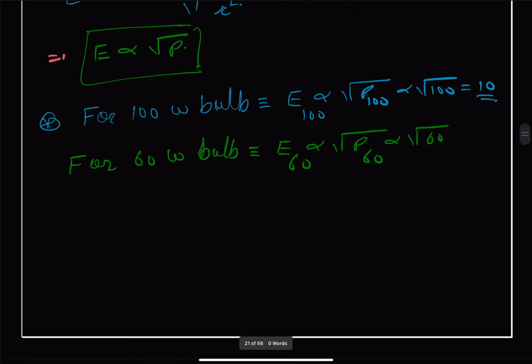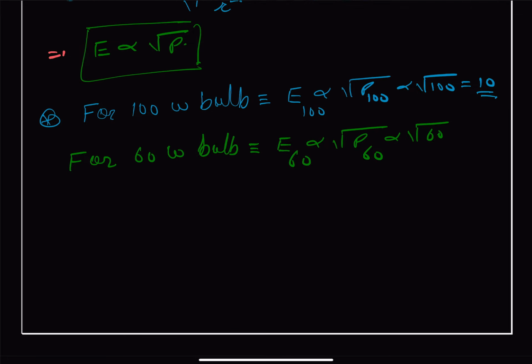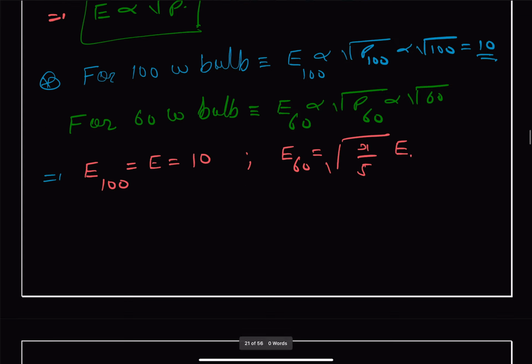Okay, so let me rewrite it again. I'm given that E100 is nothing but equal to E, which is equal to 10, and my E60 is given as square root of x upon 5 times E. Because this is the given relationship, and in this case the 100-watt field is given as E, we can slightly modify it.